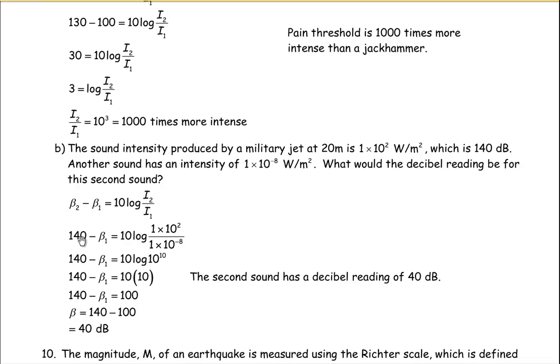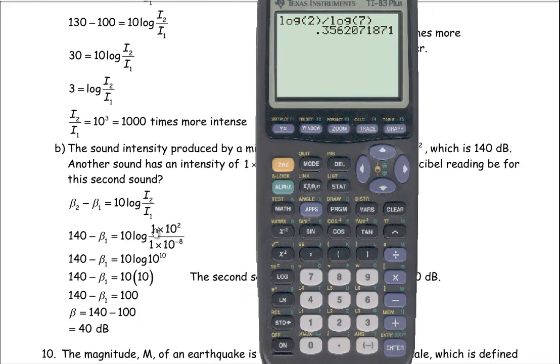The military jet has an intensity of 1 times 10 to the power 2 watts per square meter, and the second sound is 1 times 10 to the negative 8 watts per square meter. Because these are in scientific notation and both have a coefficient of 1, it's really just 10 squared divided by 10 to the power of negative 8.